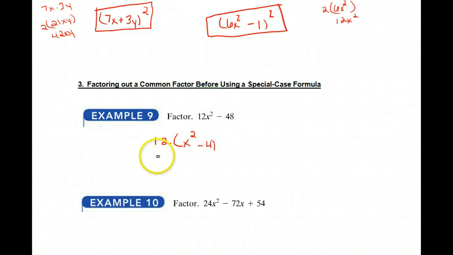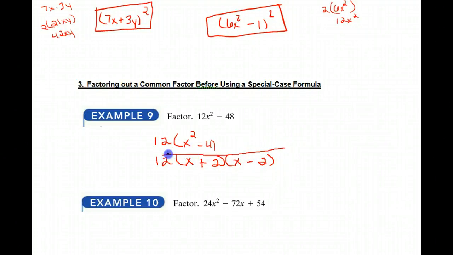That means that that is a difference of squares, which can be factored further. We take the square root of the first term, the square root of the last term, one quantity gets a plus, and one quantity gets a minus. If we had not factored out that GCF to start, we would never have seen that. That was a perfect square hidden underneath that 12.